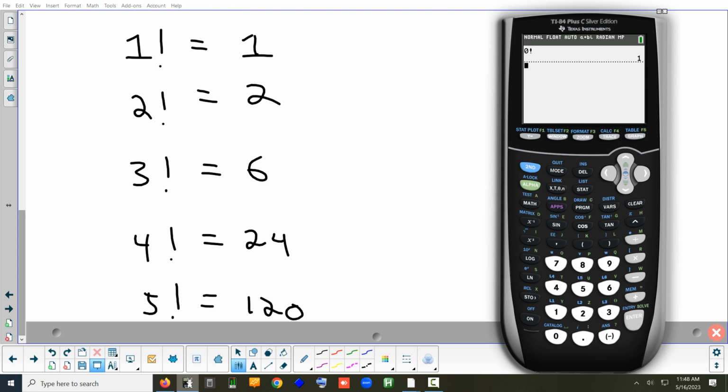By the time you even get to like 25 factorial, I mean 25 is not really that big of a number. But if you try to multiply 25 factorial, it's already a number that has 25 decimal points. And by the time you get to like 60 or 70 factorial, it's probably going to be too big to do on the calculator.